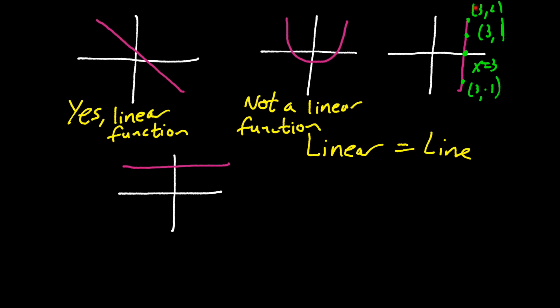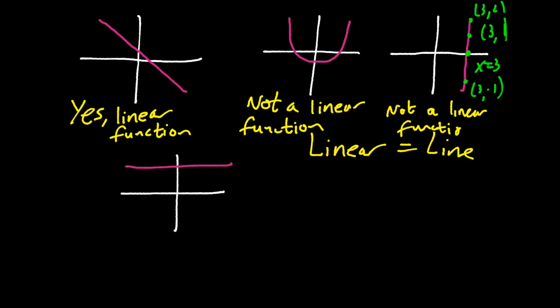So the fact that the domain is partnering with many different ranges tells us that this is not a function. This is not a linear function. It is not a linear function because it is a straight line going up and down, and every point on that line has the same x value.